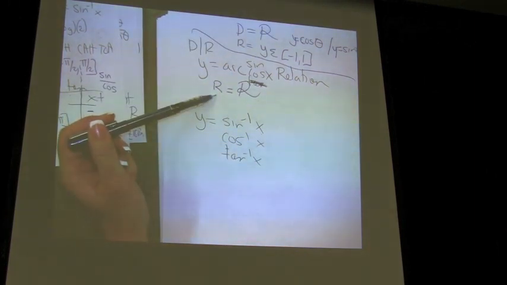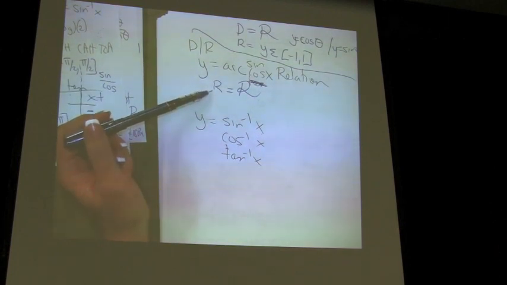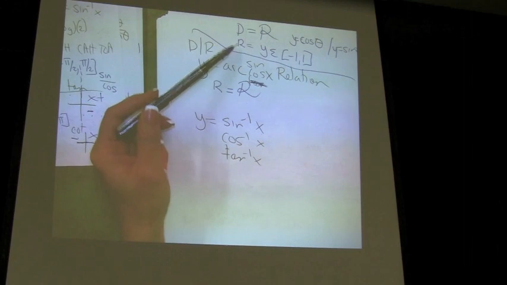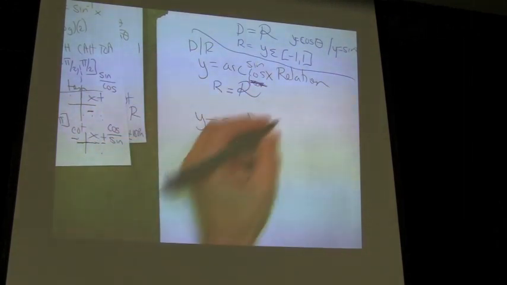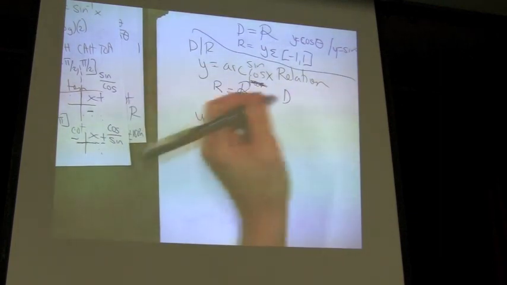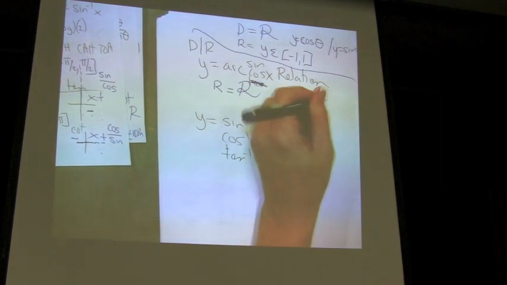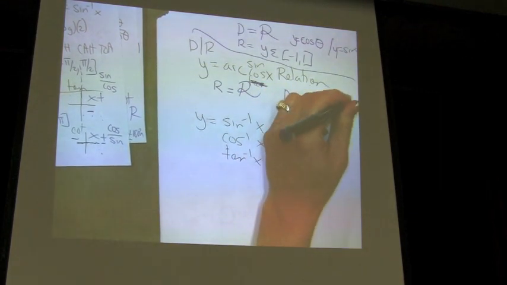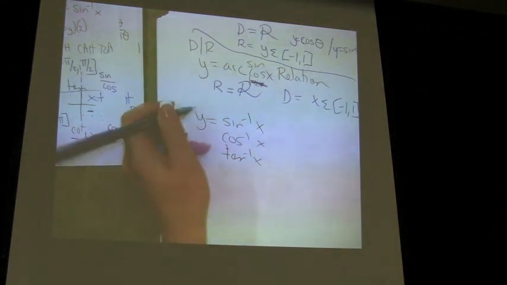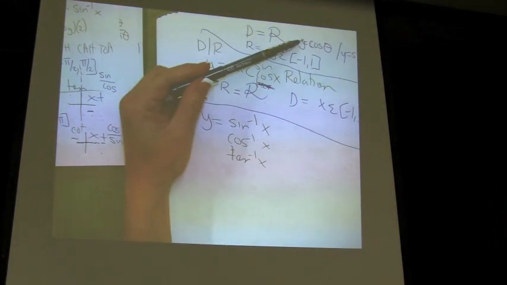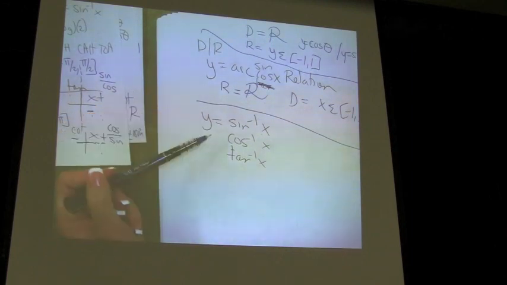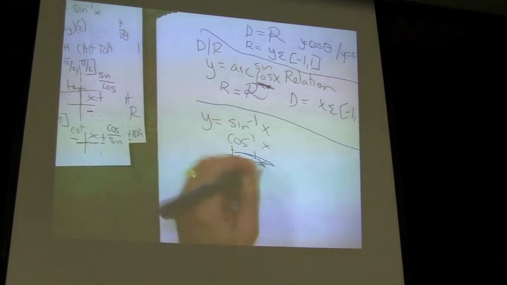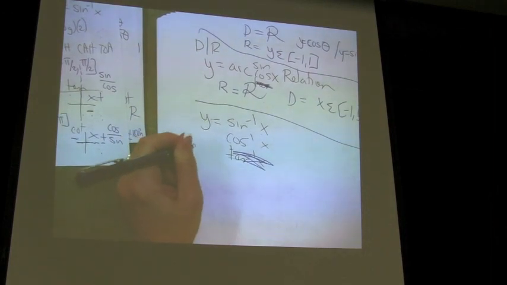This one has a range of all real numbers. Why? X and y switched places. Since this one had a range that y is an element from -1 to 1, this will have the domain x as an element from -1 to 1. Okay? Parent function, arc sine cosine the relation, inverse cosine or sine the function.